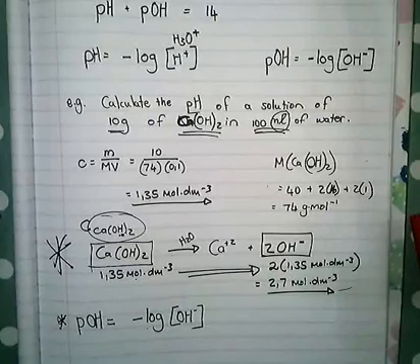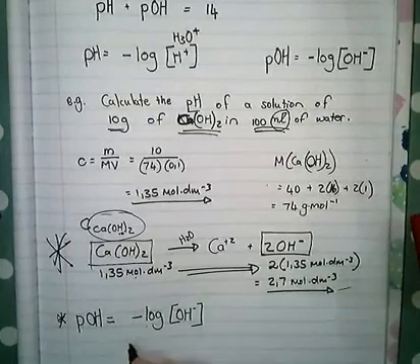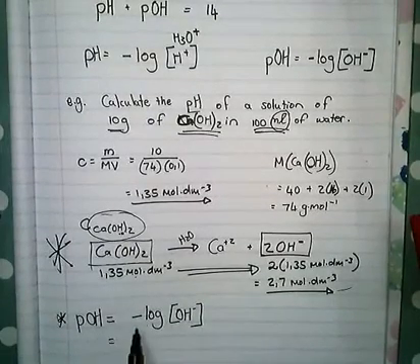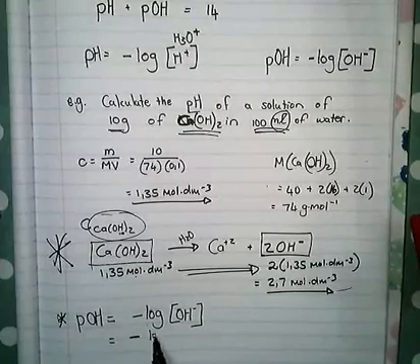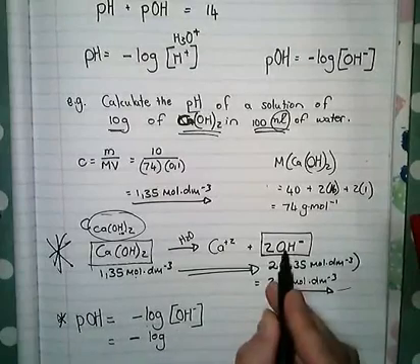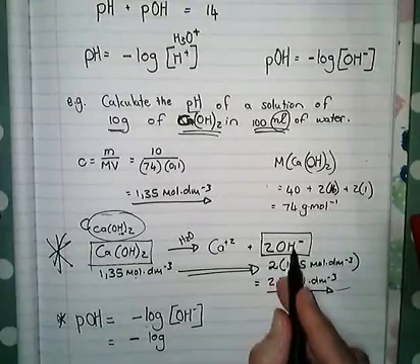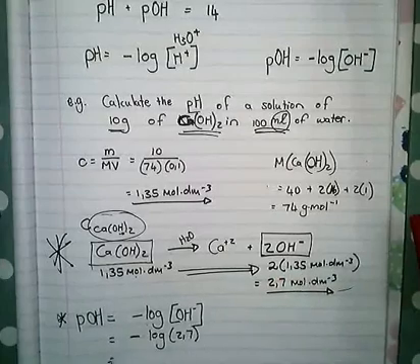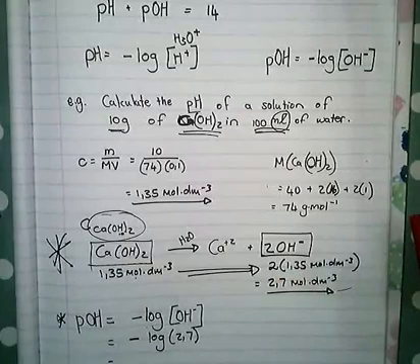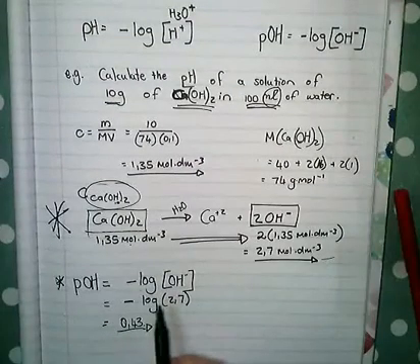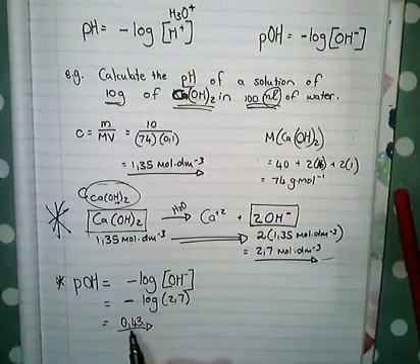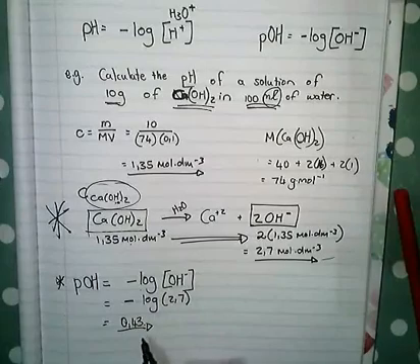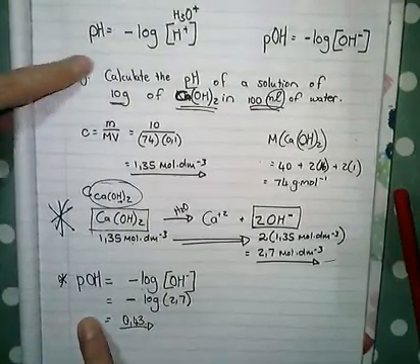But the question was to calculate the pH, not the pOH. But we know that pH plus pOH is 14. So pH plus pOH is 14, pH we want to calculate, pOH is 0.43.